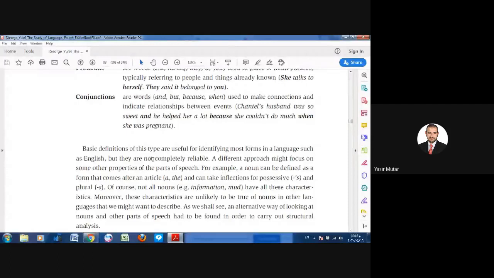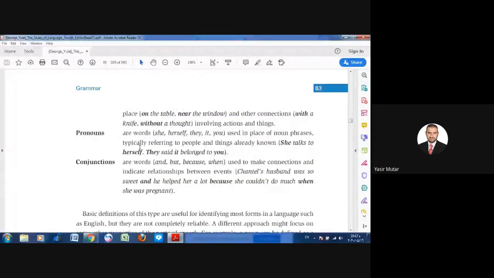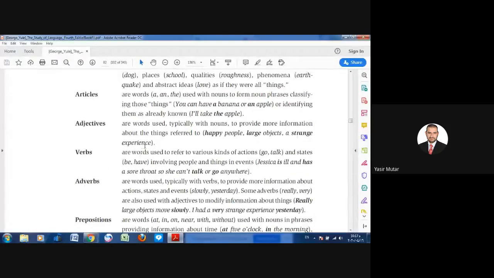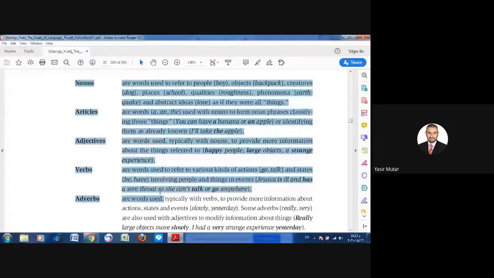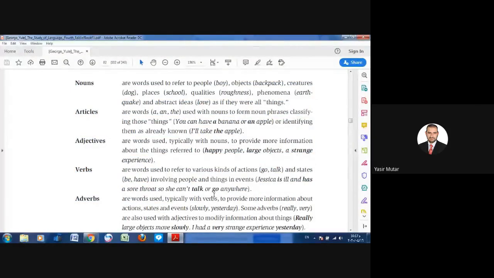Sometimes when you go to other books, you may find different descriptions or different definitions for those words. So when you go back and check some other books of grammar, you may find different definitions.